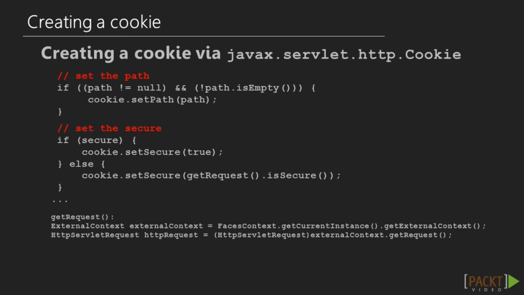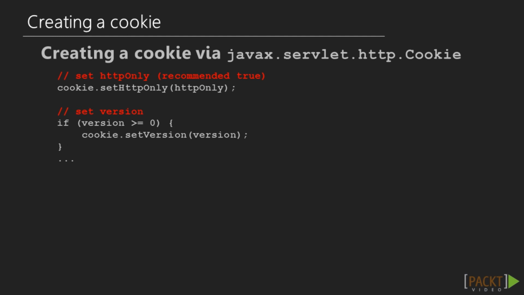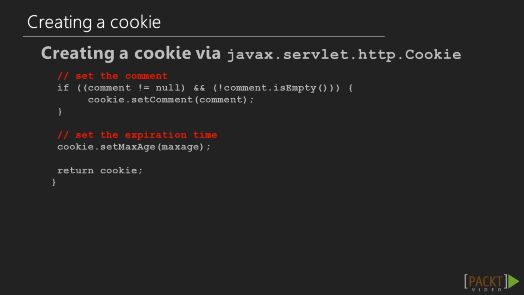If the secure attribute is not specified, then we try to detect it via the isSecure method. Next, we set the HTTP only and the version attributes. The HTTP only attribute is recommended to be set to true for all cookies created by the server side. And the last part is reserved for the comment and the expiration time attributes.